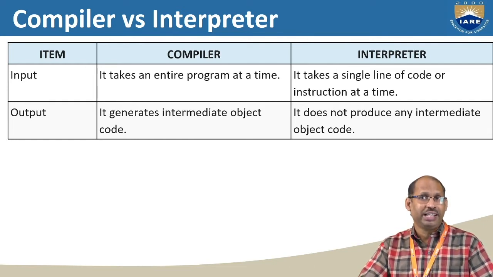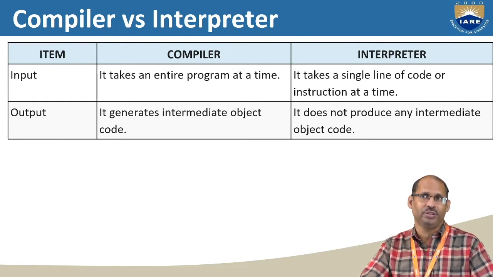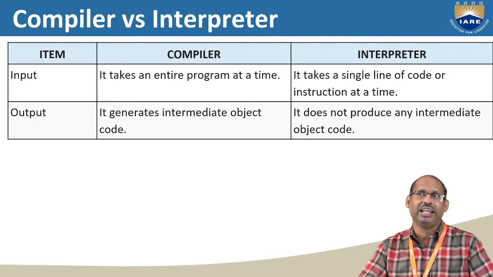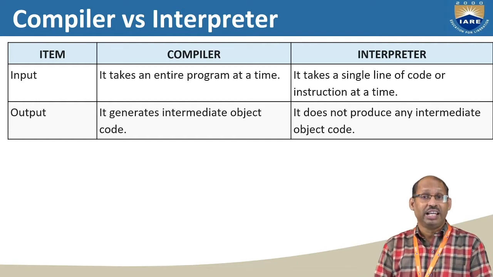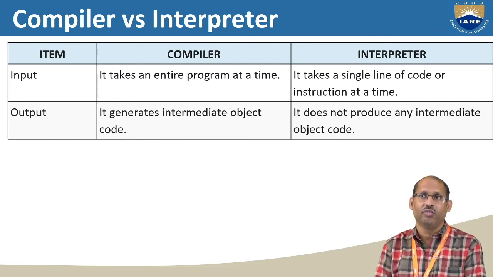It takes one entire program as input. Then it performs the conversion. But the interpreter takes a single line of code, an instruction at a time, for execution. It analyzes and it executes.